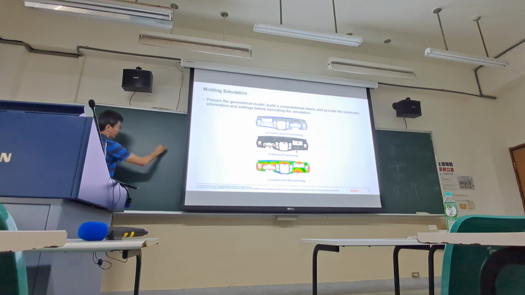Maybe the error is like 20%. If you do this perfectly, maybe only 5%. But in total, you still have the 20% error. So material, solver, and then the people, the user.